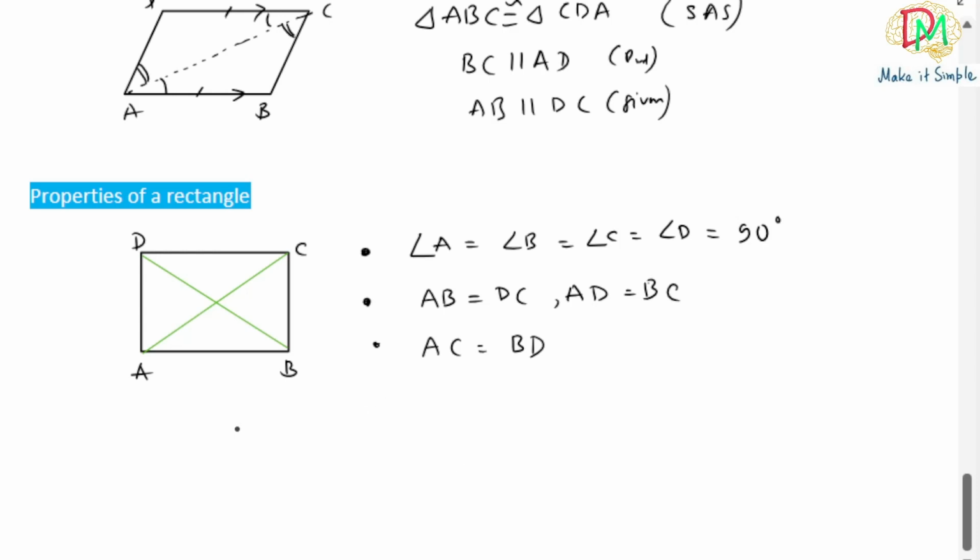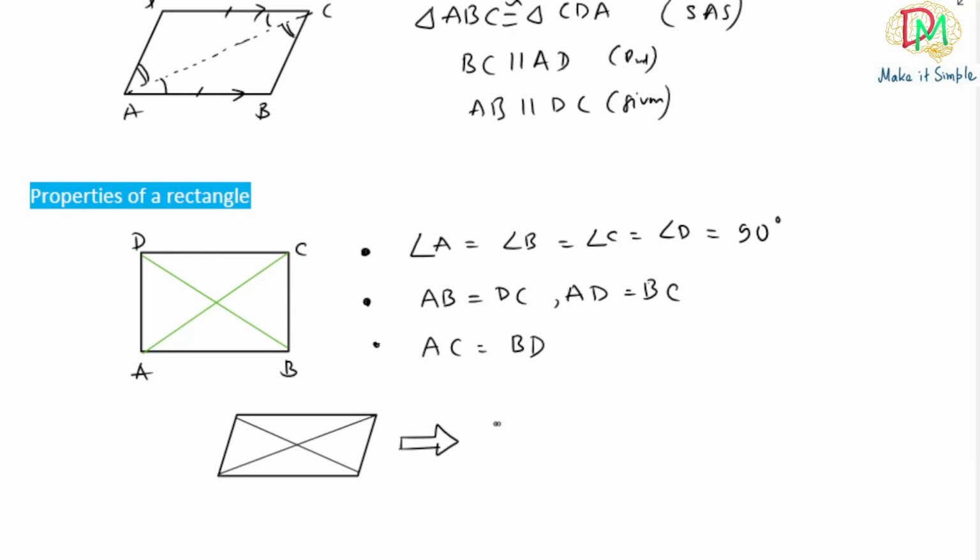Now when in a parallelogram these diagonals are equal, then it becomes a rectangle.